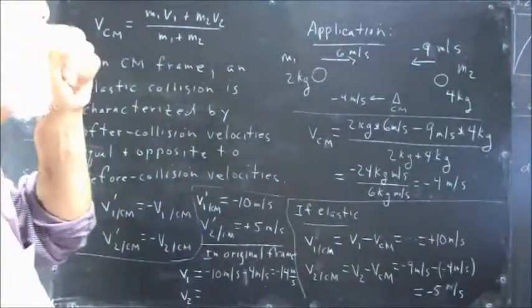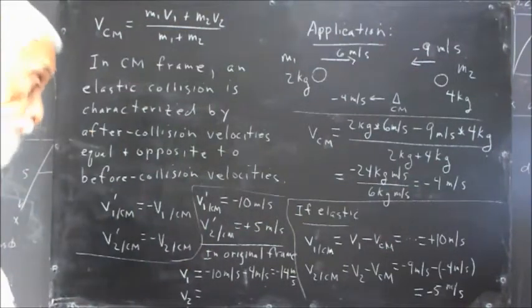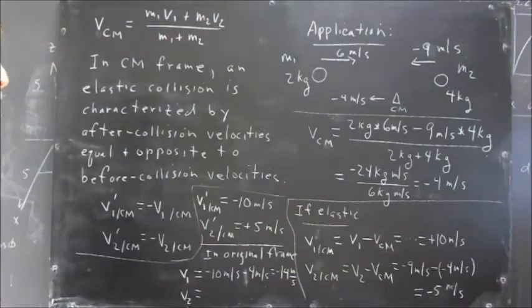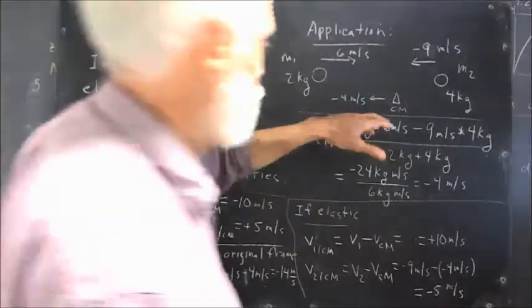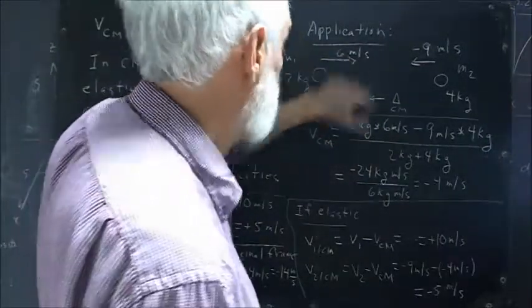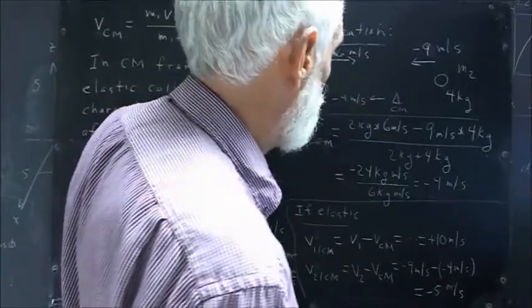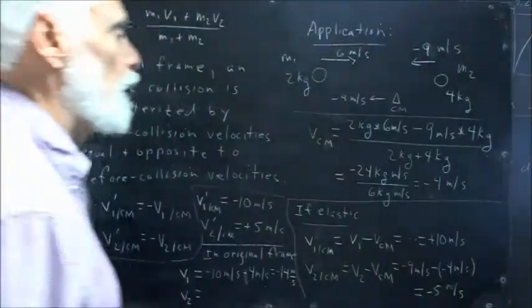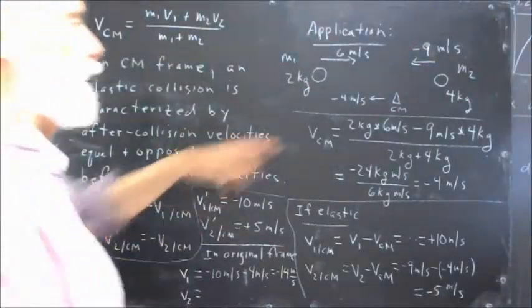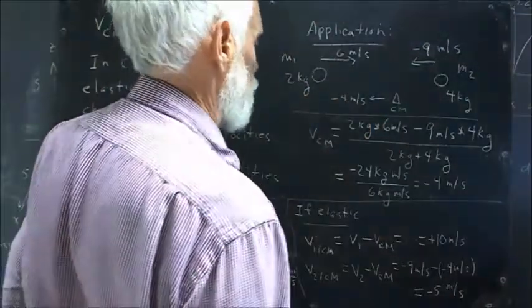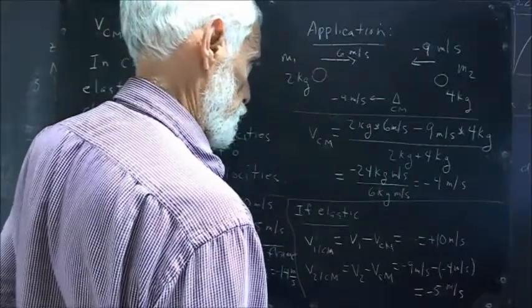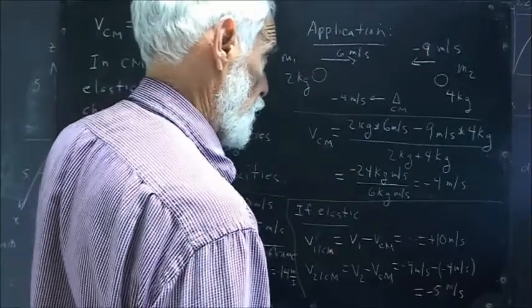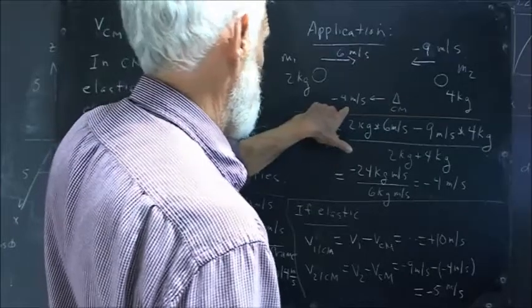So in this frame, how is something going to be approaching the center of mass at 5 meters per second? Well, it's going to have to be moving more slowly than the center of mass.